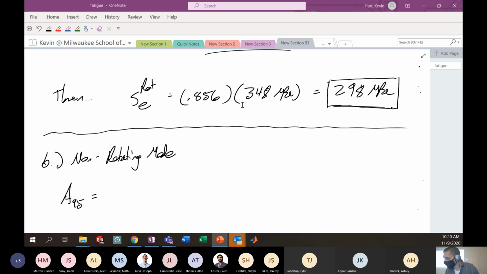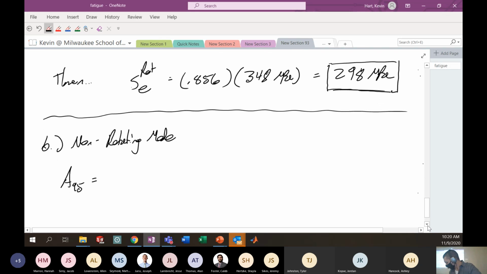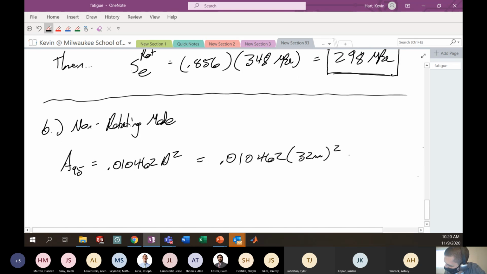All right. So here this A95 is 0.010462 d squared. Diameter of my shaft, 32 millimeters squared.